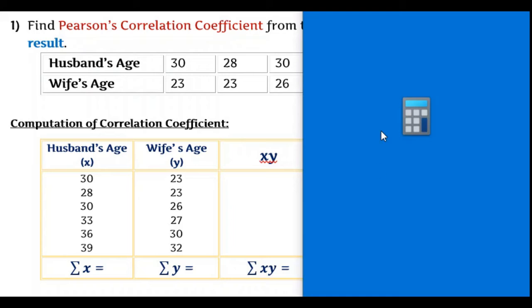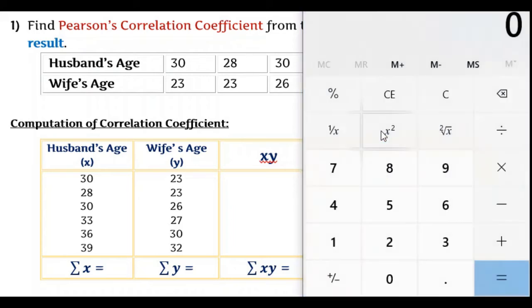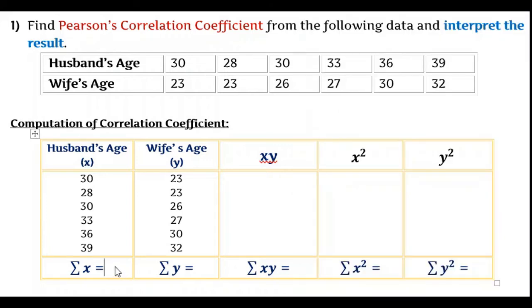So first value is 30 plus 28 plus 30 plus 33 plus 36 plus 39, which is equal to 196. I'll write here, you can write in your notebook.